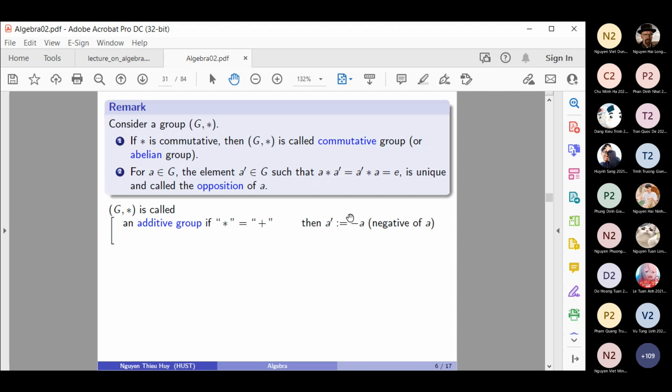And what happens when star is written as multiplication?